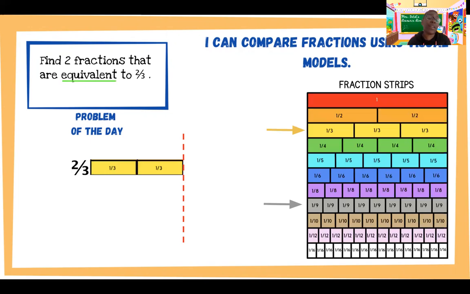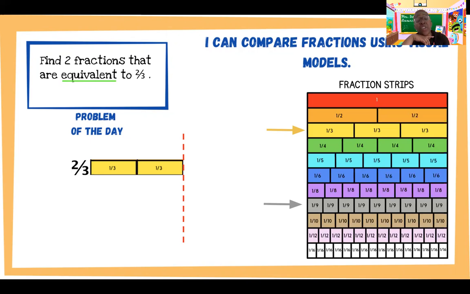Great job. Well, today I've added this nice little red line here because if we're looking for fractions that are equivalent to 2/3, it means that they should be the same length. So when we build our fractions, they should all hit our red line. Now, how am I going to go about figuring out which fractions are equal to 2/3?